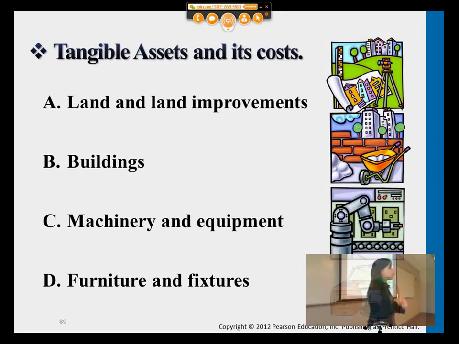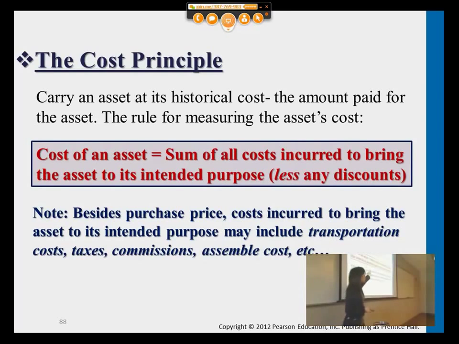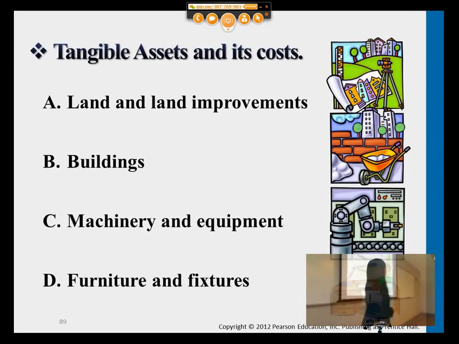So the key point is that all the other minor costs to support the asset to meet its intended usage before you actually start using it in the business are all considered necessary costs. So it has to be a sum of all of them. Introducing all the details under these different accounts is just to let you know you have to add them together. Those are all considered costs of the specific asset.